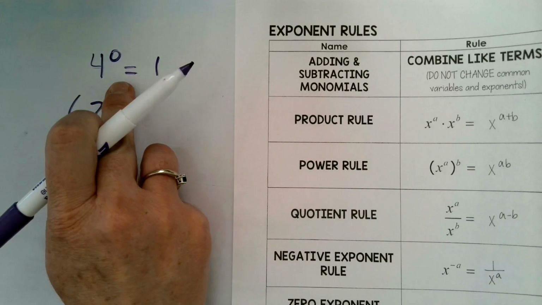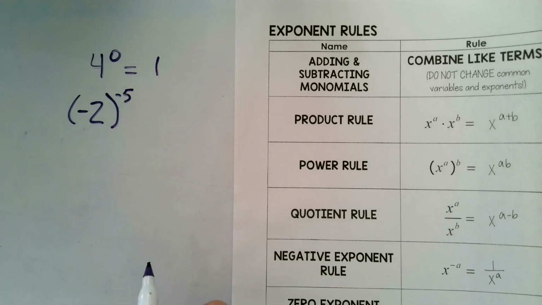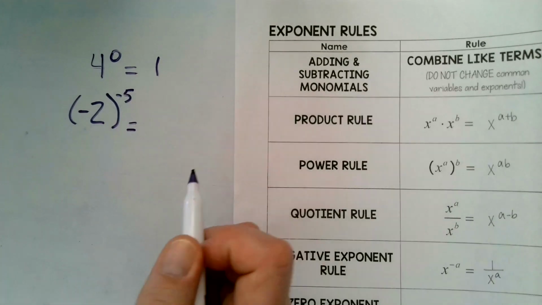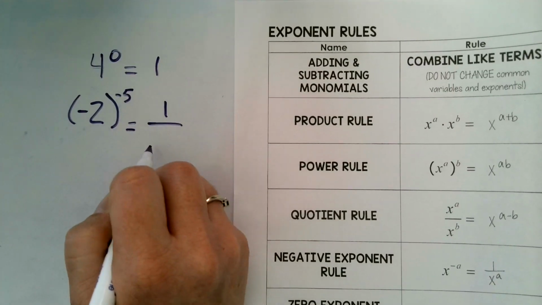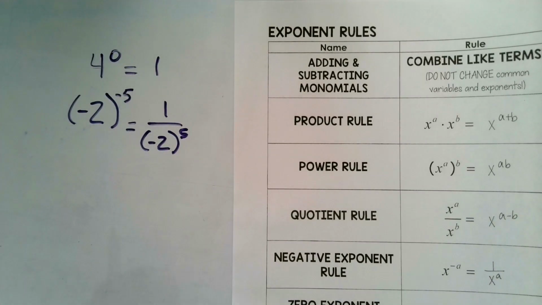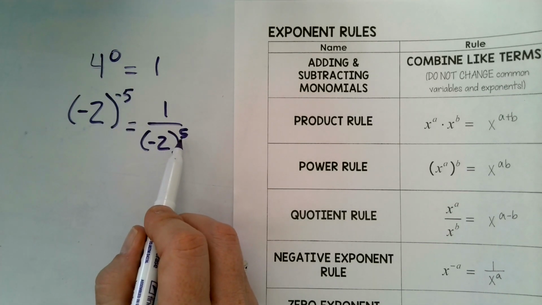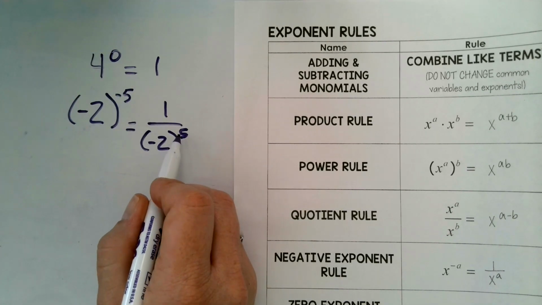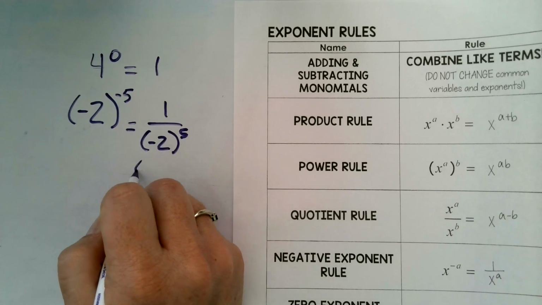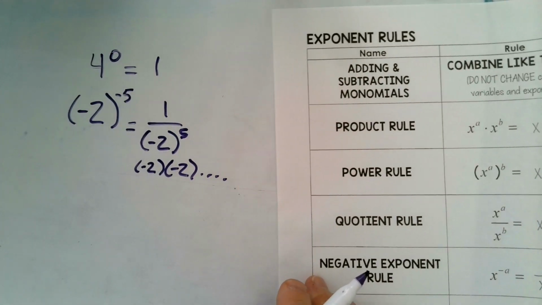But the example I want us to look at is negative 2 raised to the negative 5th power. So you're going to rewrite that as 1 over negative 2 to the 5th power, because that negative just tells us you need to flip it and put it on the bottom, okay? Now, negative 2 to the 5th power would be negative 2 times negative 2, and so on, 5 times, right?